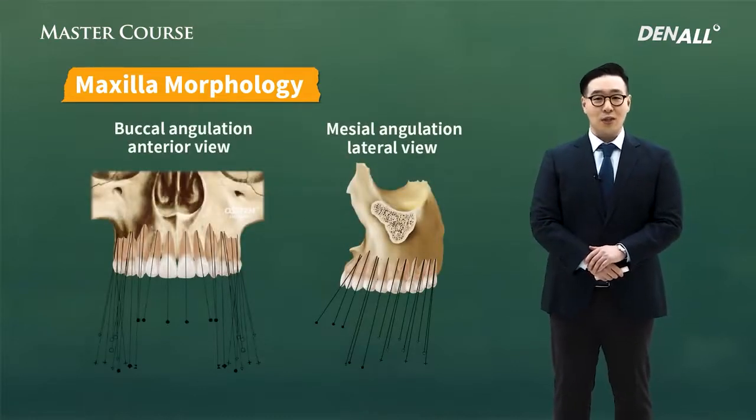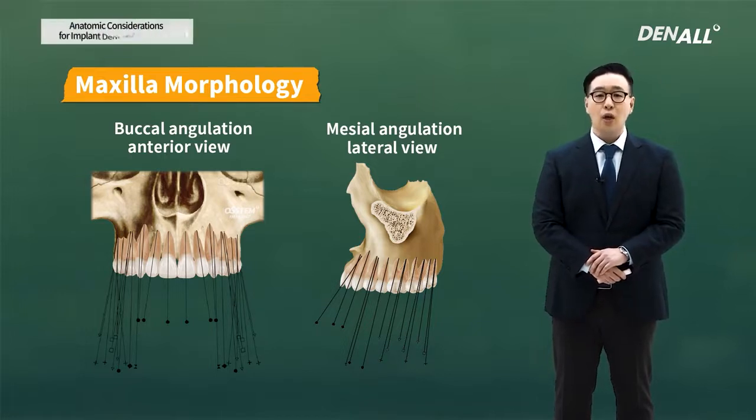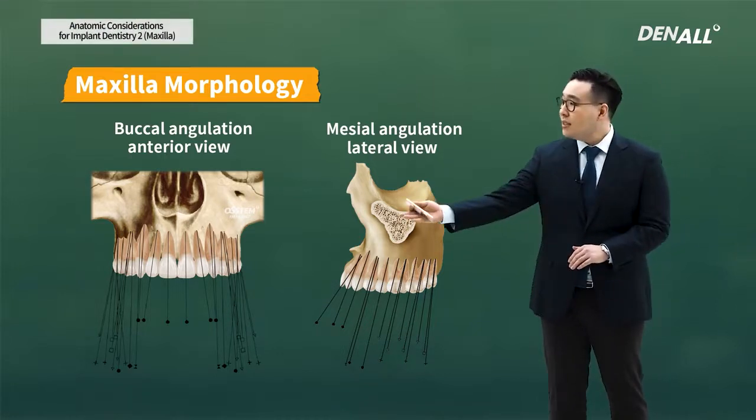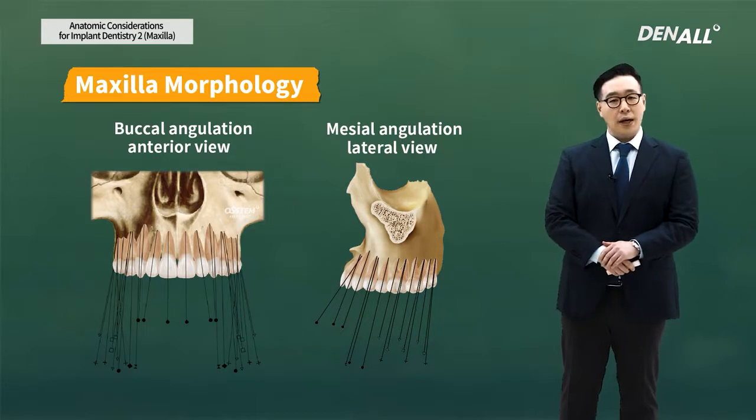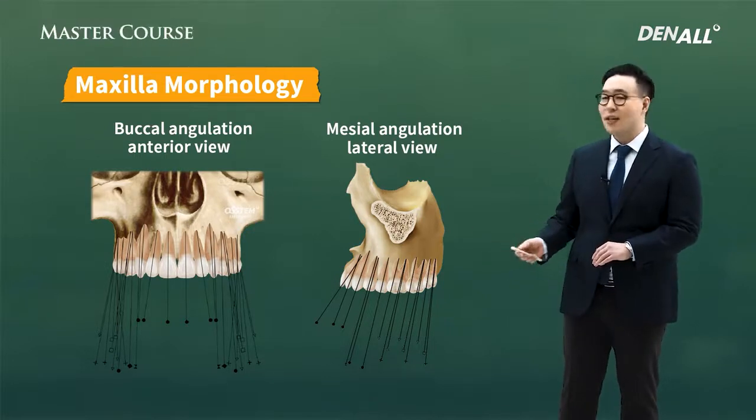This is something probably seen often in orthodontics, and if there's an ideal teeth arrangement from the anterior view, you would have a bit of a buccal angulation like this. And also on the right side, if you see from the natural side, all teeth are angulated mesially.